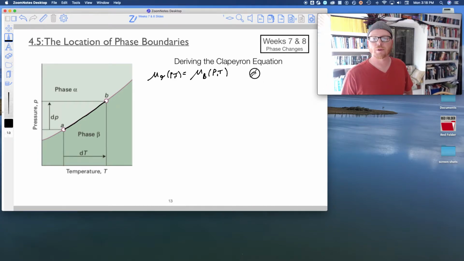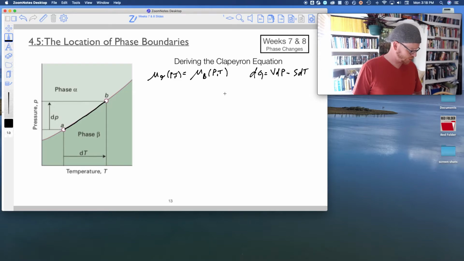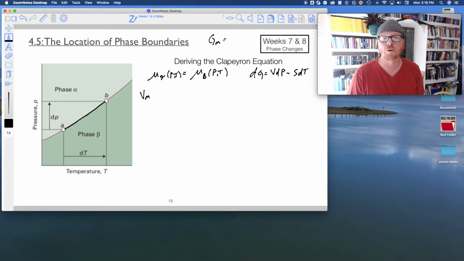We also remember the fundamental equation, dG equals VdP minus SdT. And we note that we can exchange free energy and chemical potential. They're the same thing when it's the molar Gibbs free energy. So now I'll expand on this relationship, and I'll say that we're going to go to molar quantities. Remember, molar free energy equals chemical potential.